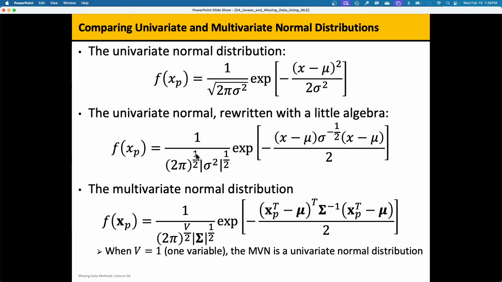Sorry about my typo. Then here, sigma squared, it turns out the determinant of a scalar is just the scalar. Sort of a dumb idea, a definitional idea. I say dumb a lot, but really what I mean is that's defined that way. There's no elegant thought put into it, at least not by me. Again, it's under the radical, so it's 1/2 power as well, and that sort of maps on here.